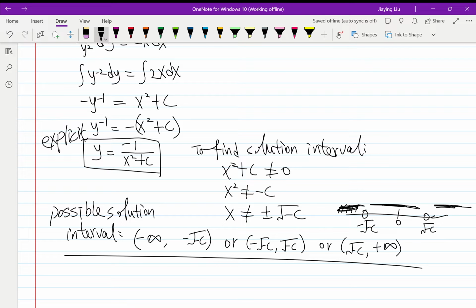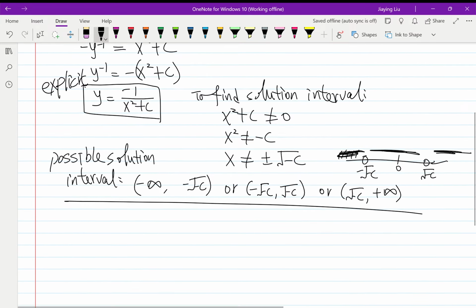Any questions about finding the solution using separation of variables or finding the solution interval? No? Okay, so let's change the question a bit.